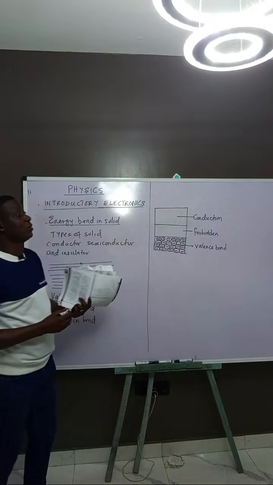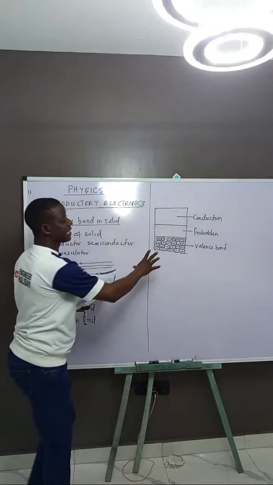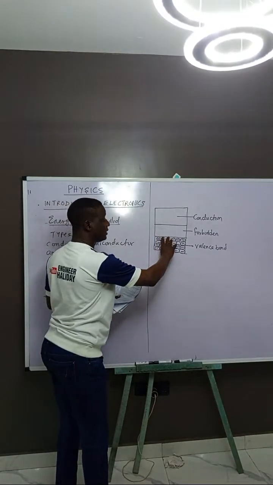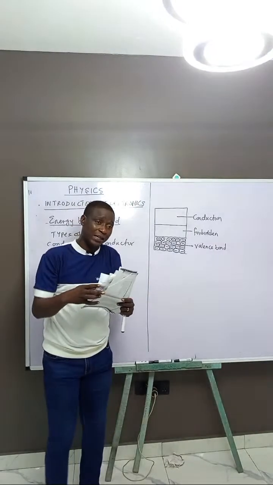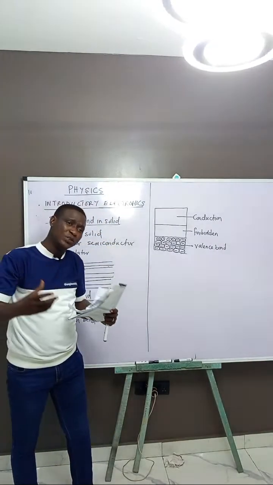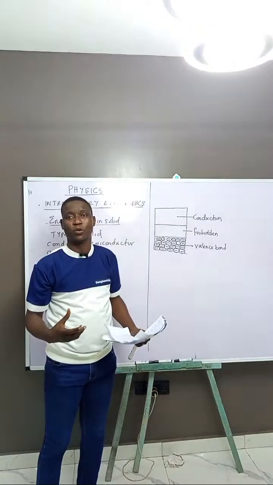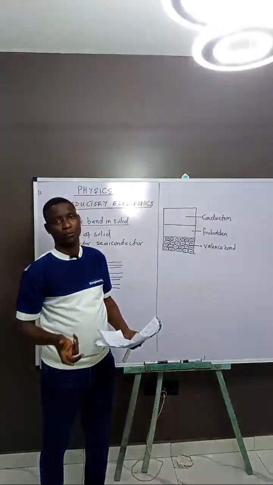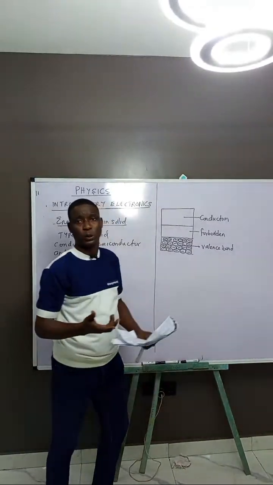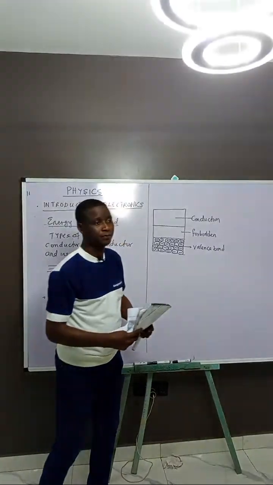So look at the electrons now. The electrons residing at the valence band are closely tied together, thereby reducing their mobility to almost zero. So what band do we call that? We call it a valence band.